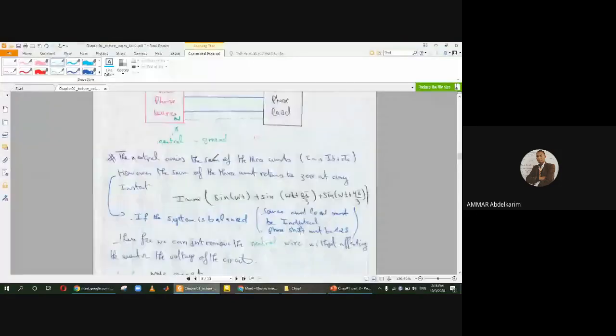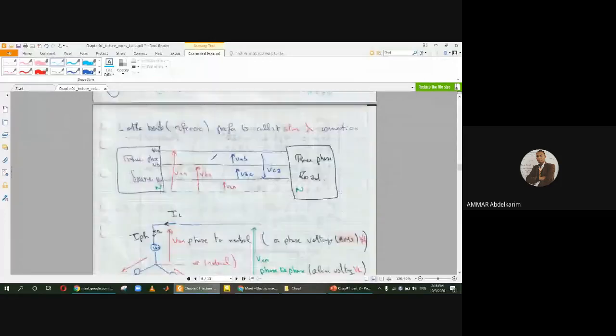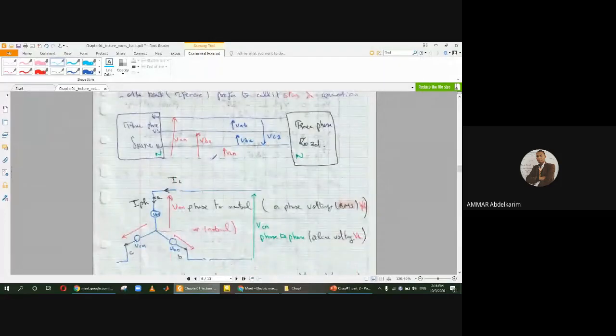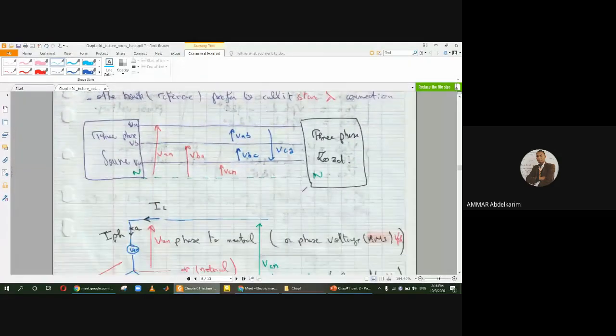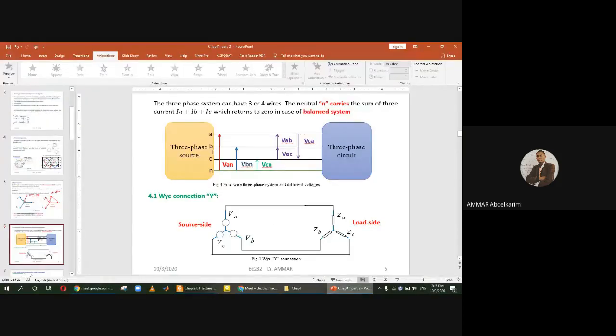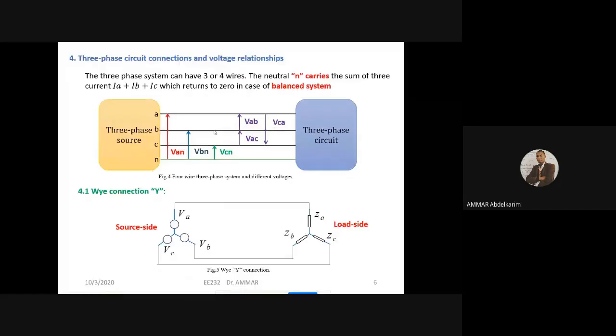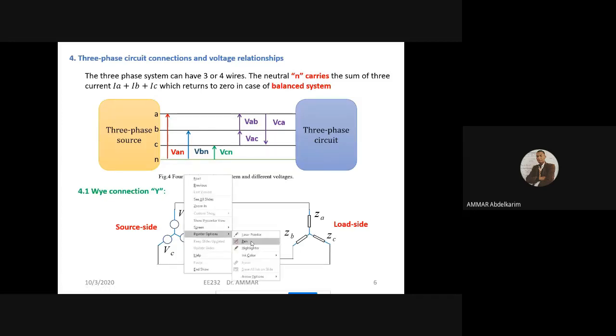Now let's determine the line and the phase voltages when we have a three-phase balanced system. Here we call this the source. We call the voltage between the phase and neutral the phase to neutral or phase to ground voltage.